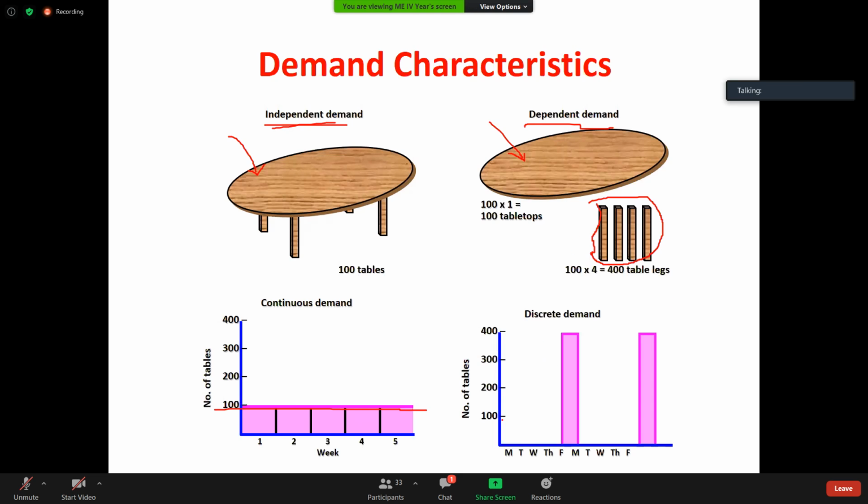So what will happen? Suddenly, at some weekend, they need around 400, and we don't know when the demand will come.